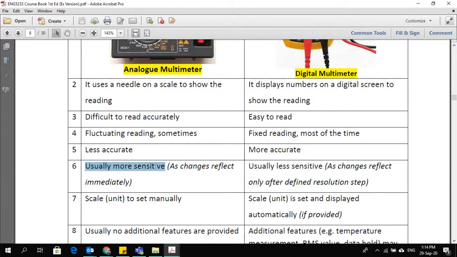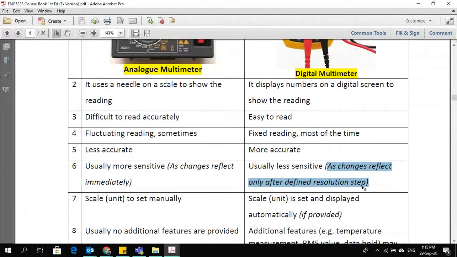Usually analog is more sensitive. Why is it more sensitive? Because the changes reflect immediately. As soon as the parameter in the circuit changes, the needle immediately deflects, so it quickly shows the changes. While digital is usually less sensitive because the changes reflect only after a defined resolution step.